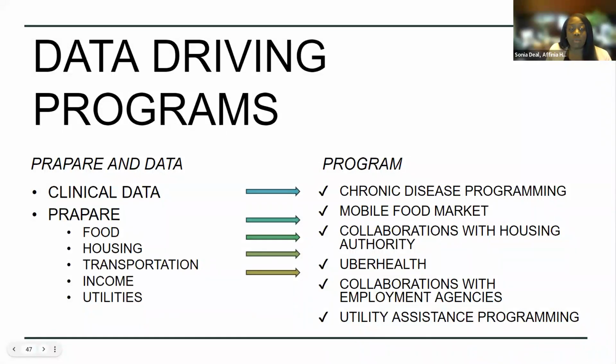So from the data that we obtain, we work internally to guide the need for navigation throughout our own health system. And then we also provide different programs and different resources to the community as well as to our own patients. So on the right side of this slide, you'll see the different programs that have been formed based on the data that we've received. Next slide, please.